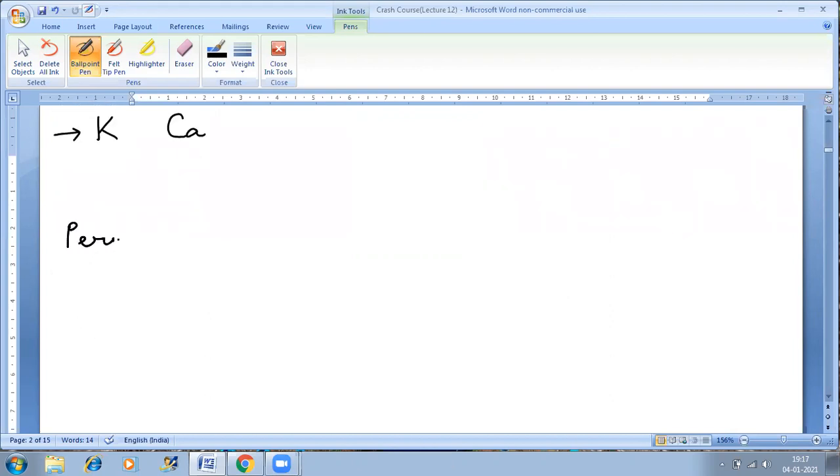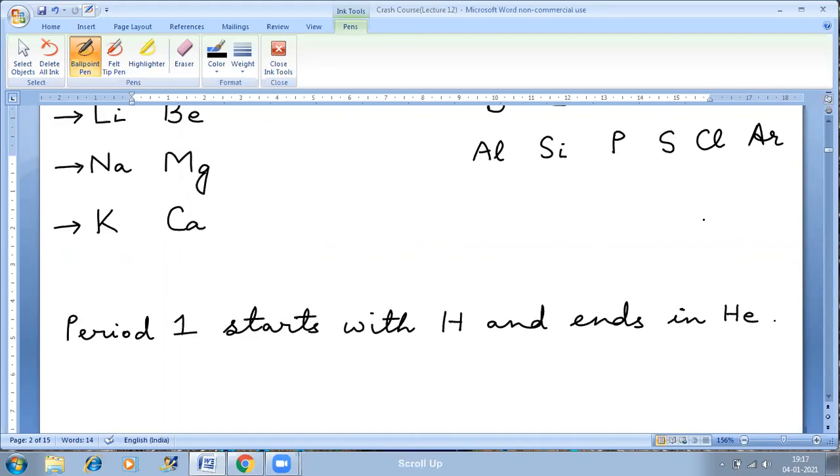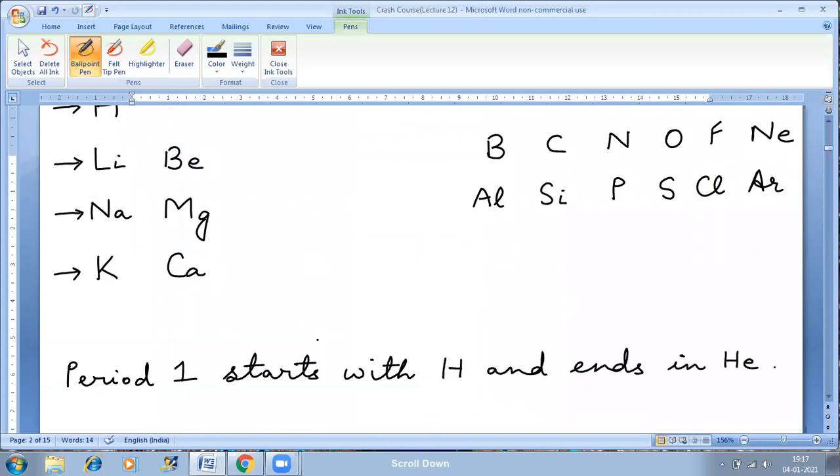Period one starts with hydrogen and ends at helium.